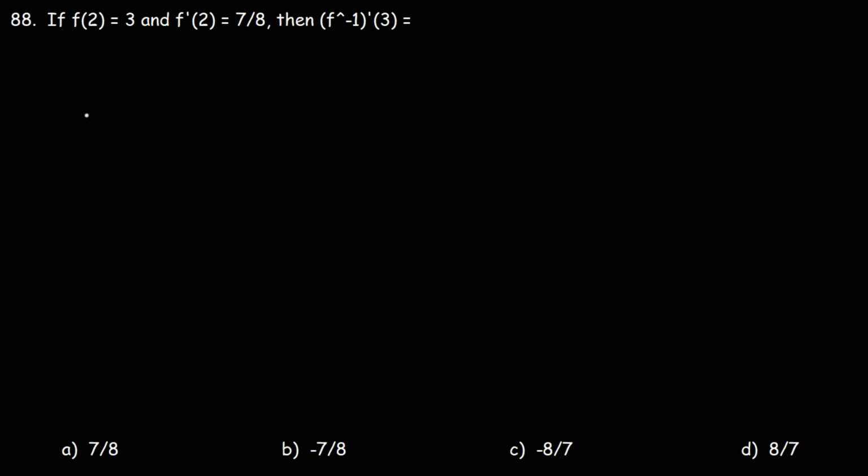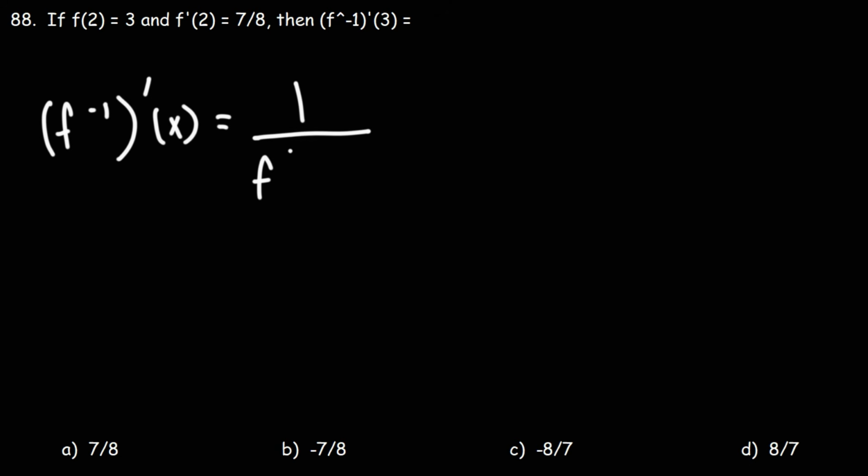In order to evaluate this, you need to know this formula. The derivative of the inverse function is equal to 1 divided by the derivative of the input of the inverse function.